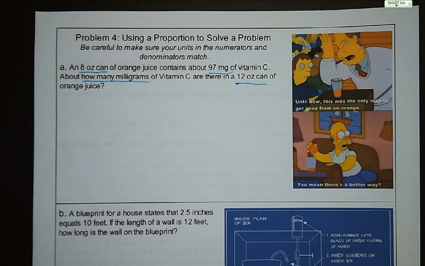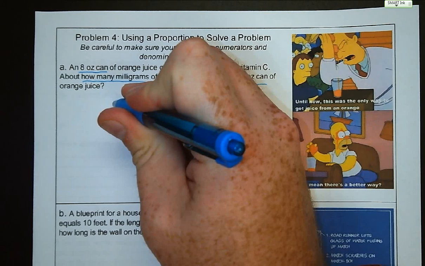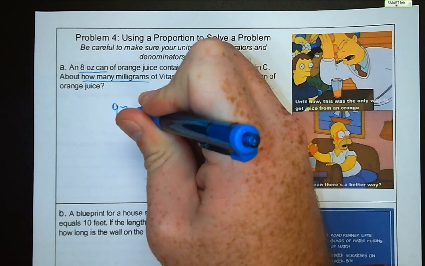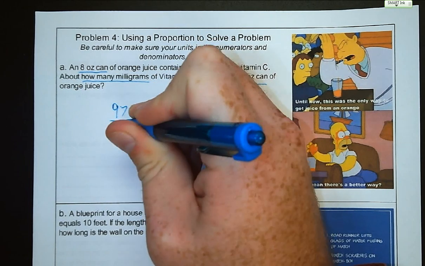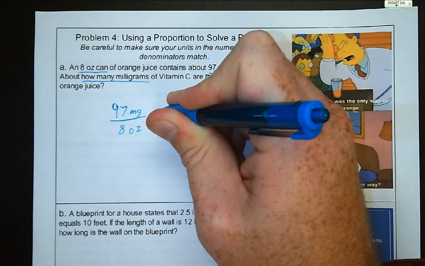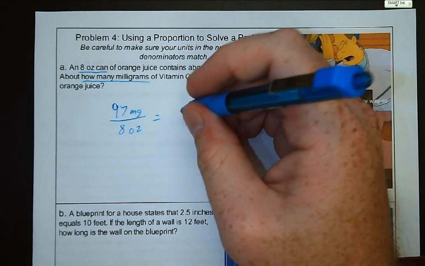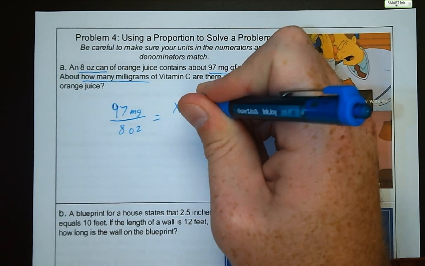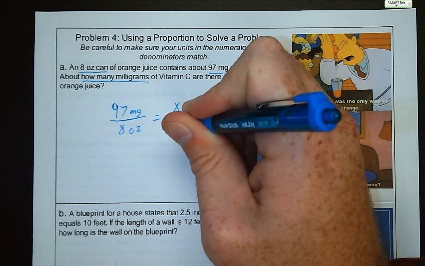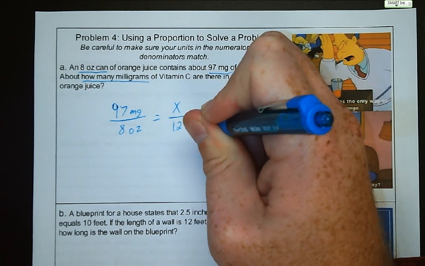All right, so I'm going to set up my proportions. I know that there is 97 milligrams in 8 ounces. I want to know proportionally how many milligrams are there in 12 ounces.